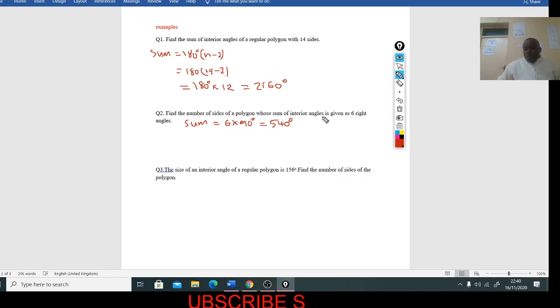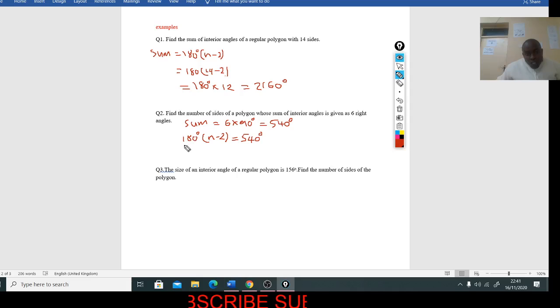Using the formula, the sum is 180 degrees into brackets n minus 2, which gives you 540 degrees.